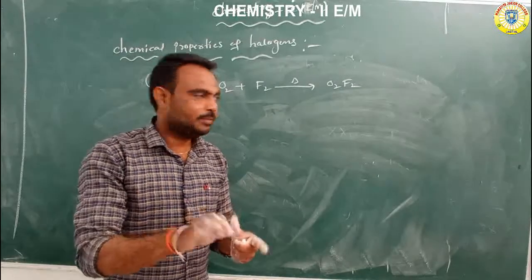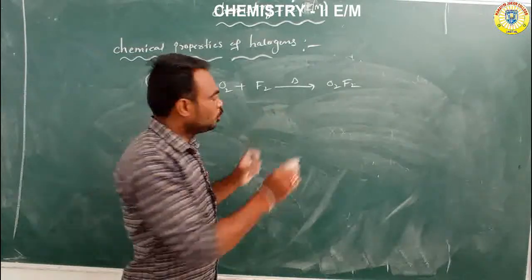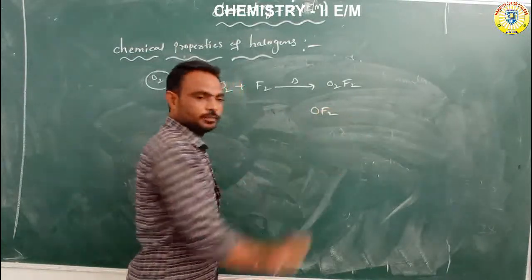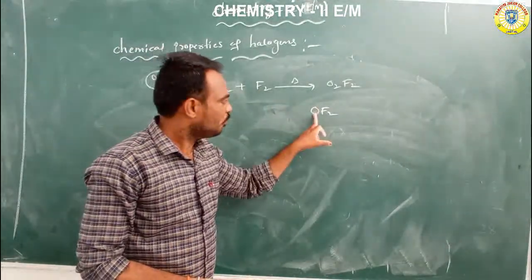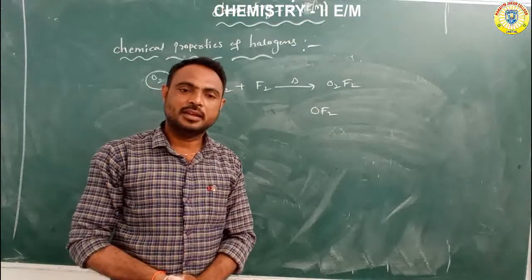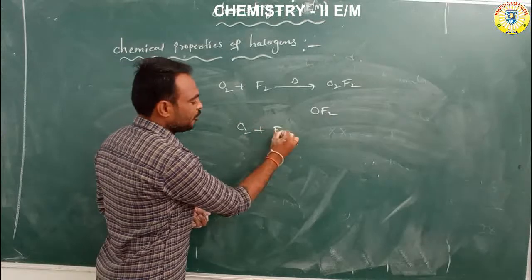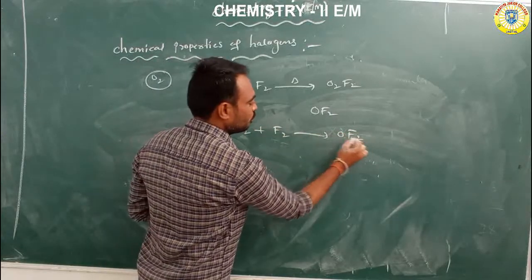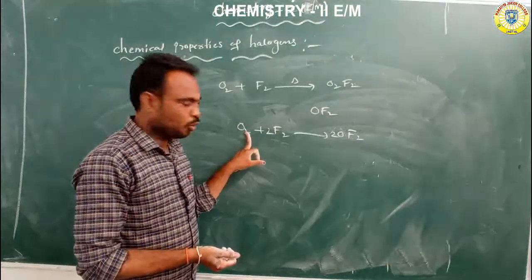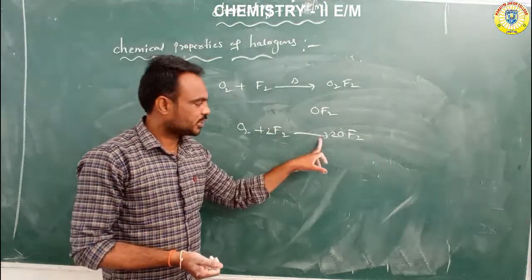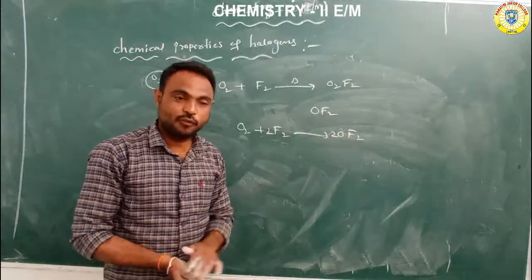At the same time, oxygen and fluorine also react to form OF2, oxygen difluoride. So O2 plus 2F2 gives rise to 2OF2, oxygen difluoride.